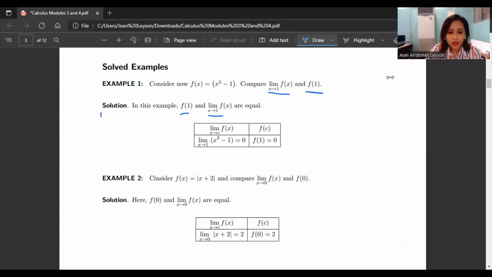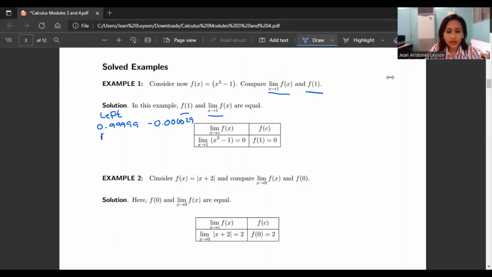Let's start from the left. Let's choose a value that is close to 1 from the left, say 0.99999. If you evaluate that value in our function, that will give us negative 0.000029.